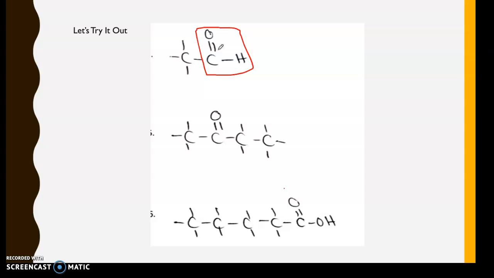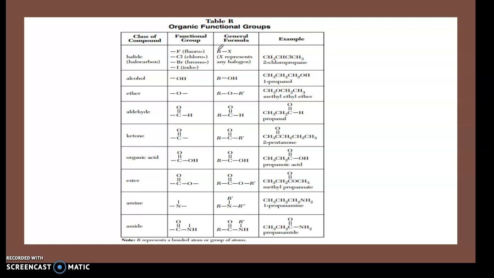So I see a carbon that's double bonded to an oxygen and a hydrogen. So that's when I go back to the table and I look. I'm looking for a carbon that's double bonded to an oxygen and single bonded to a hydrogen. So I know it can't be a halide because I have none of these elements. It can't be an alcohol because I just don't have OH. It can't be an ether because I don't have an oxygen right smack dab in the middle of my structure.